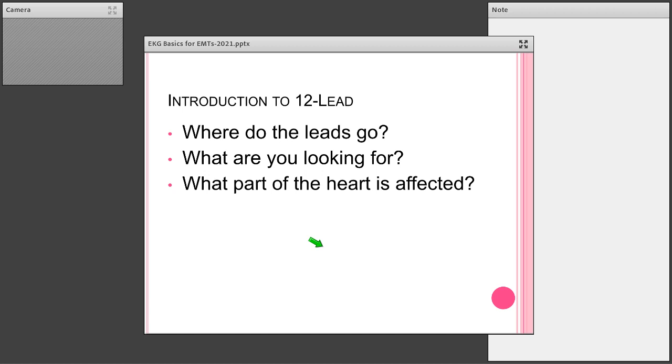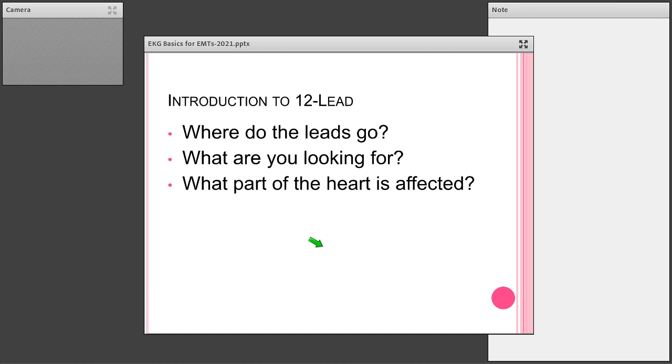So it depends on who you're working with and what they would like to see done as to if you go straight to a 12 lead or you print out a little 3-lead strip first. I like to see the 3 or 4 lead strip just to get a longer picture of what's going on, and then I will put the 12 lead on.